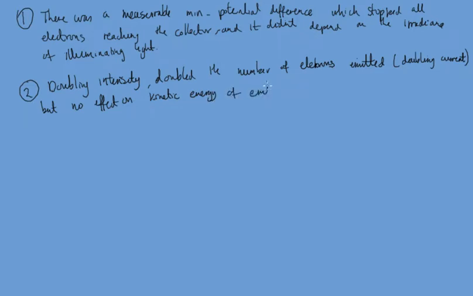Of emitted electrons. So in the classical model, double the intensity should have caused the kinetic energy to double, but it didn't. It increased the number of electrons being emitted.